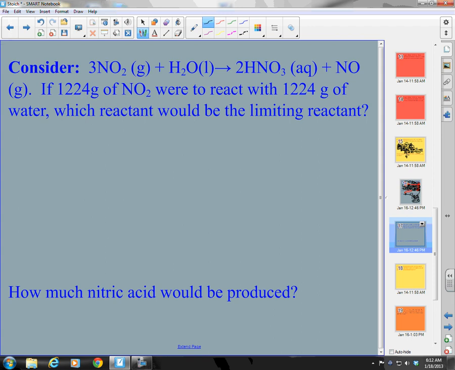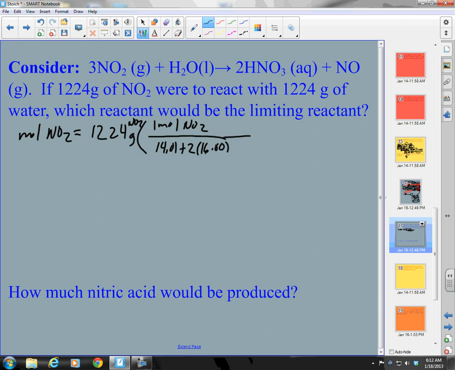Well, what's the first thing I want to do? I want to get moles of my nitrogen dioxide, which is equal to 1224 grams times 1 mole per grams of what? NO2. 1 mole of NO2 per what? 14.01 plus 2 times 16.00 grams of NO2.